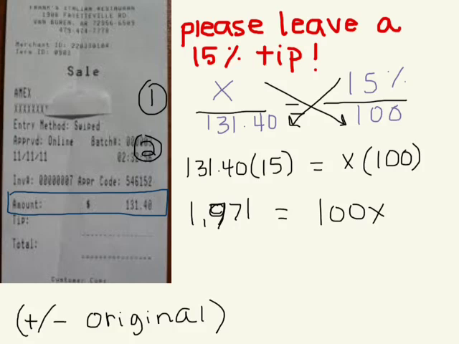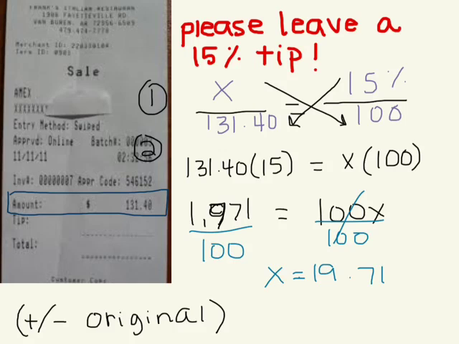Now I need to isolate my variable. So I got to get rid of that 100 to do that. I'm going to divide by 100. I do the same thing to the other side. So x equals $19.71.